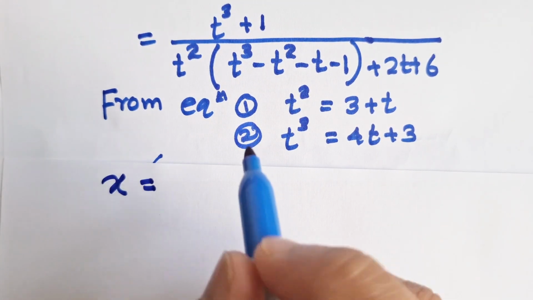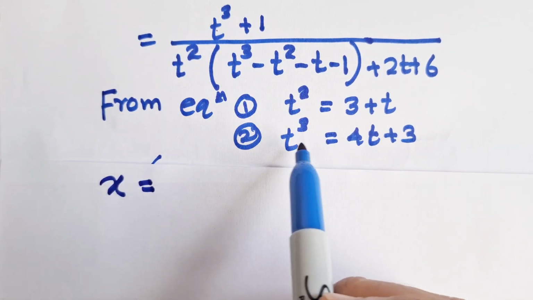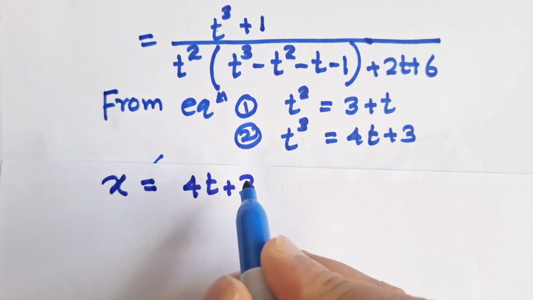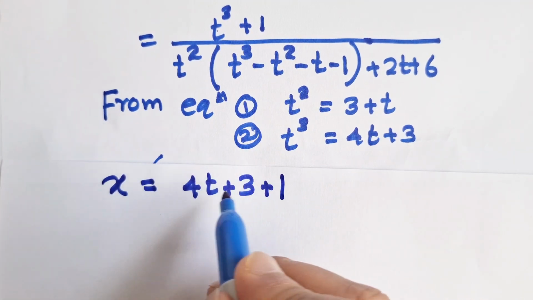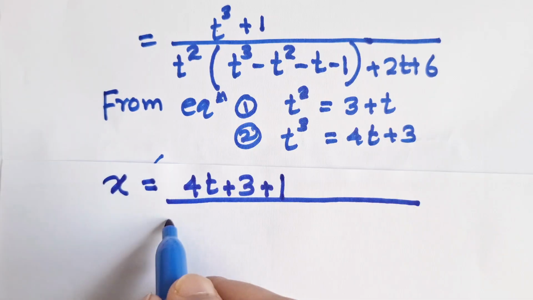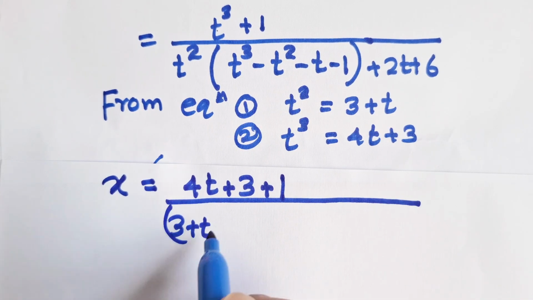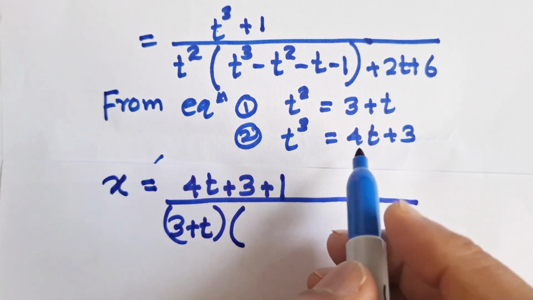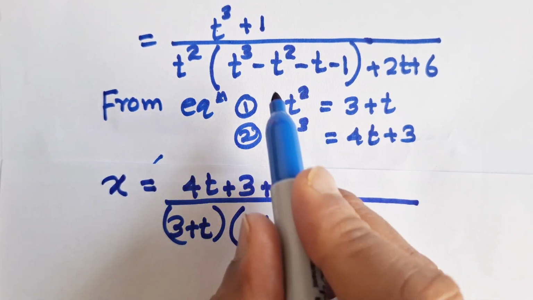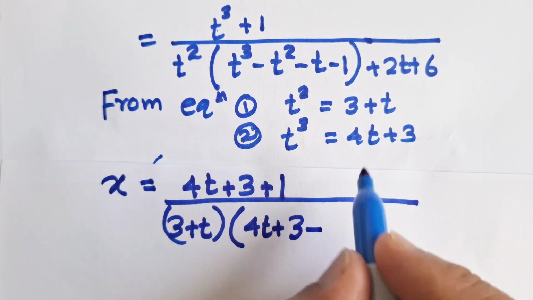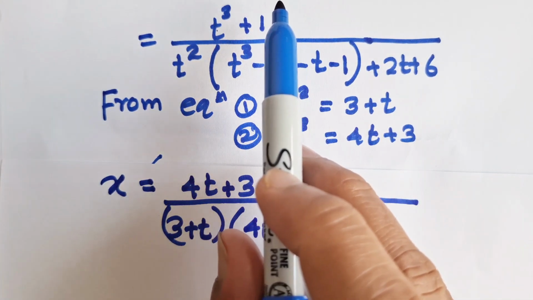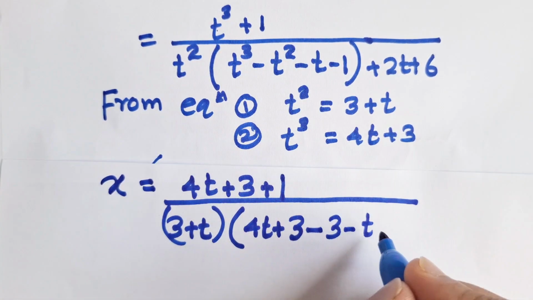Here we have t to the power 3 equal to 4t plus 3, so 4 times t plus 3, plus 1 over t to the power 2 equal to 3 plus t, t to the power 3 equal to 4t plus 3, minus t square equal to minus 3 minus t. Here we have minus t minus 1.